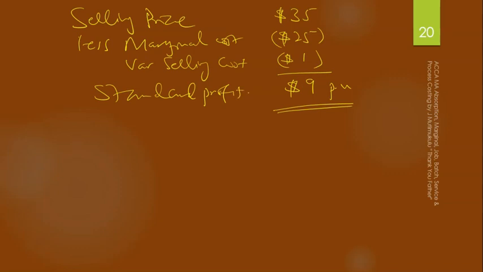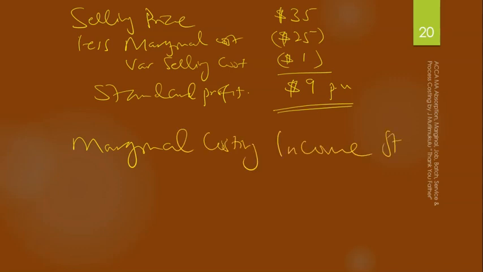Per unit. All right. Then with this information, we can safely now prepare our marginal costing income statement.